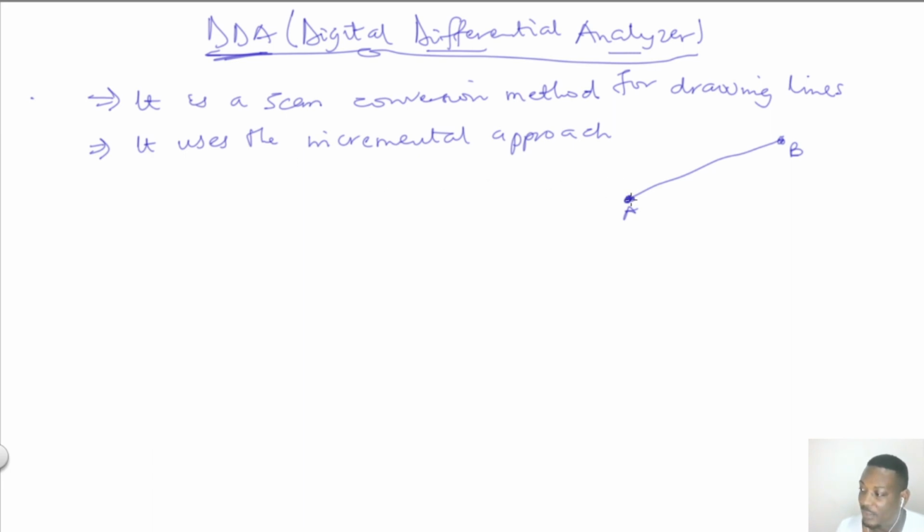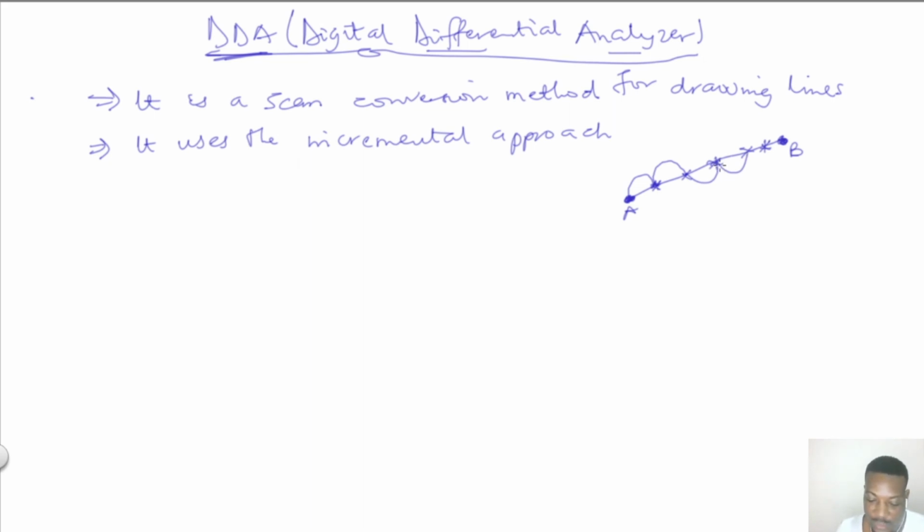By taking this previous point, a new pixel is drawn. All these points will be drawn based on the previous points to arrive at point B. By taking this previous new point, this pixel or this point is drawn. Likewise, this, that, and the rest.